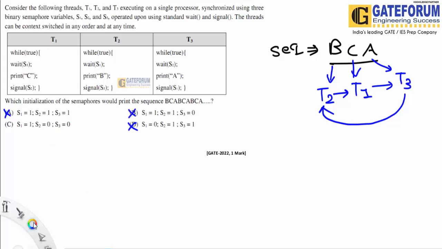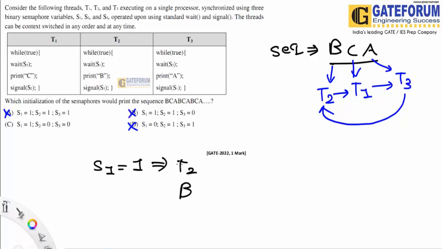Let's try to understand how it works. First of all, we have S1 equal to 1. It will allow only T2 to execute, which will print the value B, and then it will signal S3. The value of S3 is initially 0 in this option.